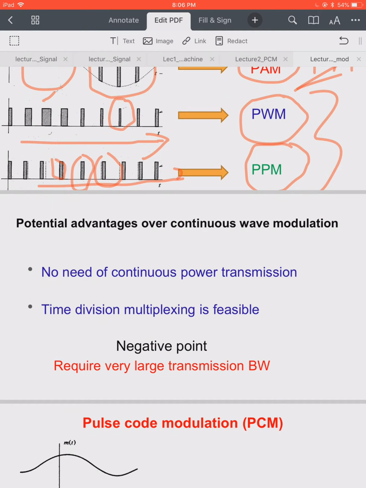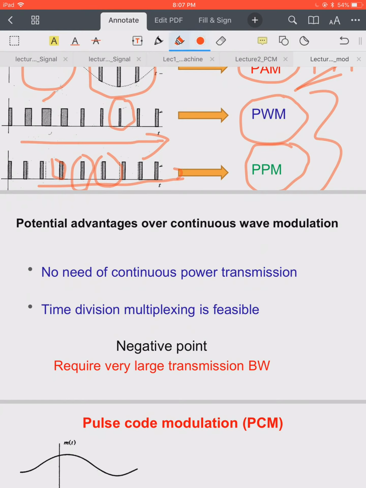The first thing I would like to mention is that in a pulse modulation system, you don't need to transmit the power continuously. What you are transmitting is a modified train of pulses. Suppose you are transmitting a PAM signal, pulse amplitude modulation. You are transmitting a modified impulse train like this.